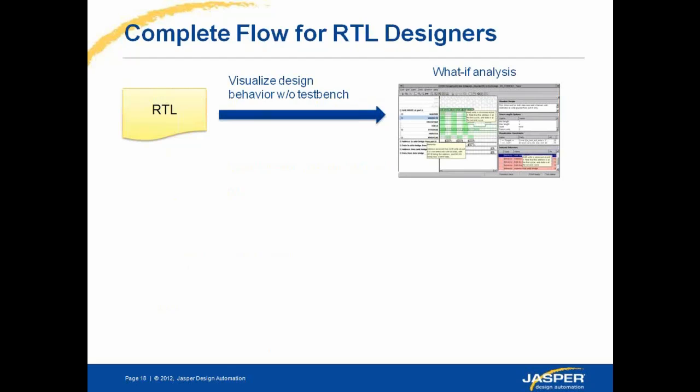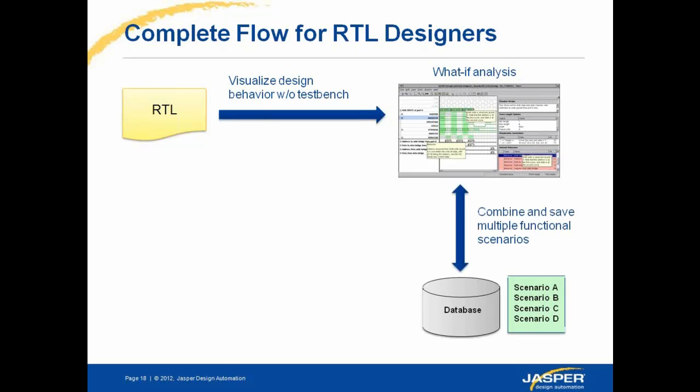To make it even clearer, you start from the RTL and you visualize some behavior by doing what-if analysis, and then you combine and save those scenarios in a database. If you like what you are seeing, you move on and modify your RTL, maybe implementing a new feature or other things like that.